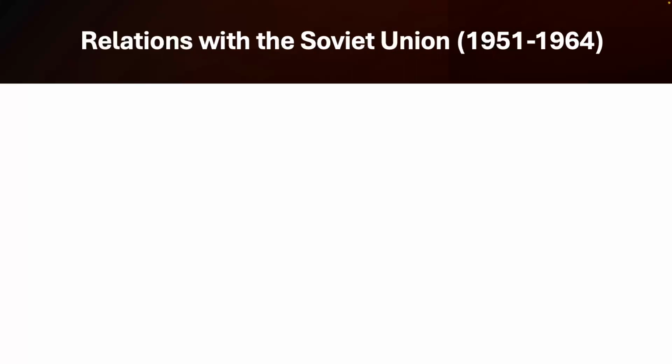When it comes to the relationship between the UK and the Soviet Union during this time, we see that Britain's relationship with the USSR is shaped by the broader context of the Cold War. We can see that ultimately the 1950s sees the heightened tension between the Soviets in the East and the capitalist countries in the West.